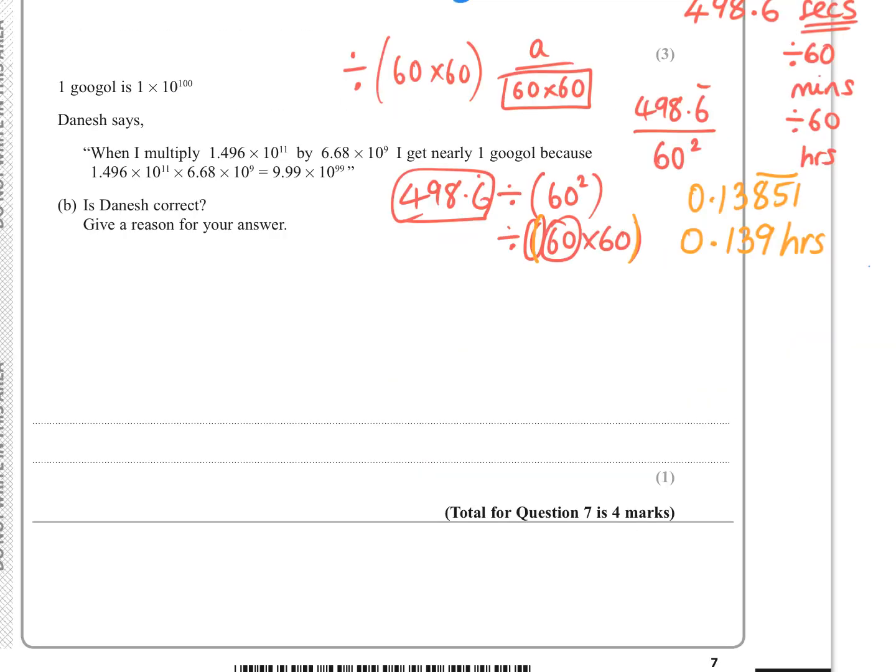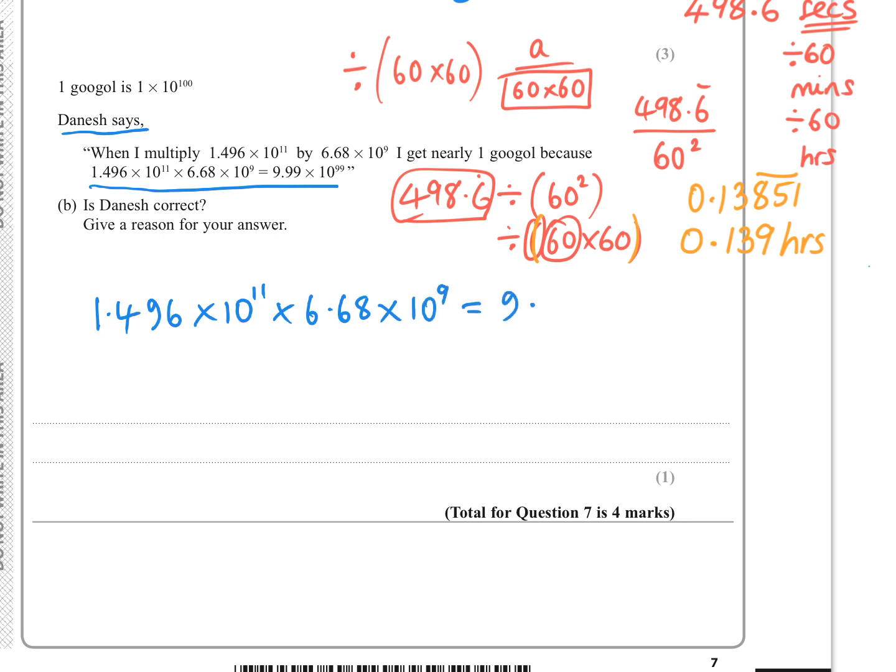The next part says, Danish says that when this situation occurs, 1.496 times 10 to the 11 times 6.68 times 10 to the 9 happens under multiplication, that you'd get 9.99 times 10 to the 99.